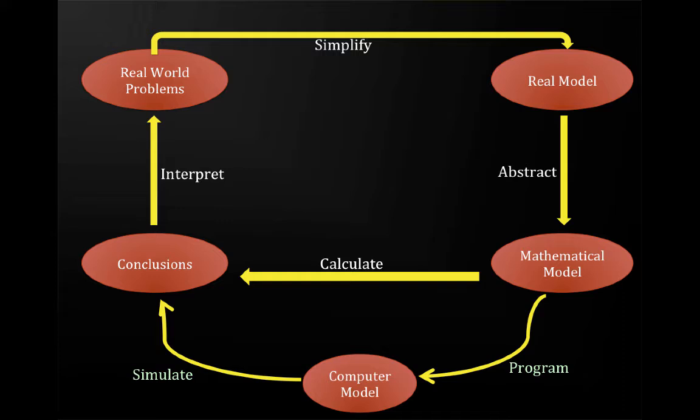Once the question becomes a mathematical equation, you use mathematics to find an answer. Then finally you have to reverse the process, translating the mathematical solution back into a comprehensible, no nonsense answer to the original question.